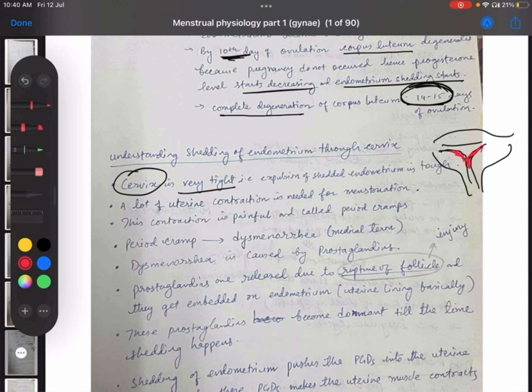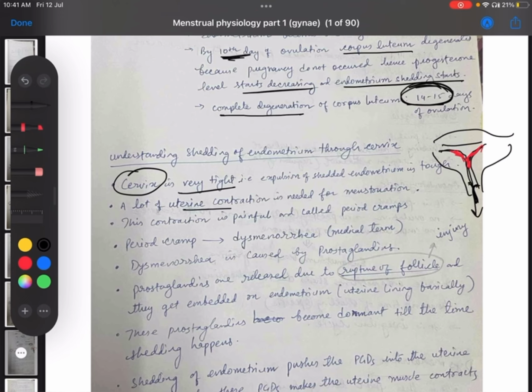Now it may shed, but the cervix is so narrow, you can almost say it is blocked. So how can this blood pass? This is very important. So we will be understanding the shedding of the endometrium through the cervix. How is that possible?